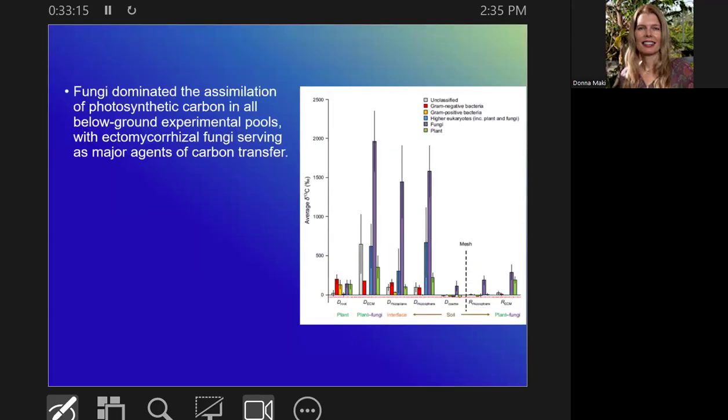So the data did show that the fungi really did get the lion's share of the carbon, but they are concluding that the fungi were also playing a role in getting it transferred through to the receiver, the younger Douglas fir seedling.